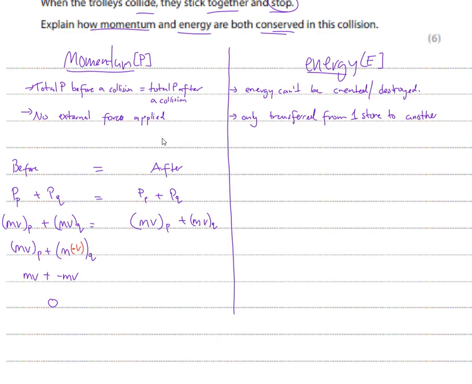Okay. Now this one here, what happened is the velocity. So they both stick together and they stop. So therefore v goes to 0. Plus this goes to 0. So the whole thing goes to 0. Equal to 0.